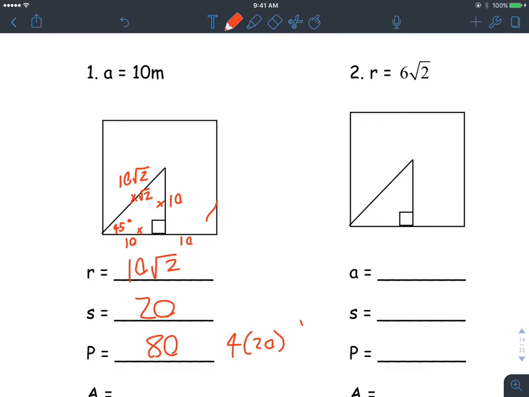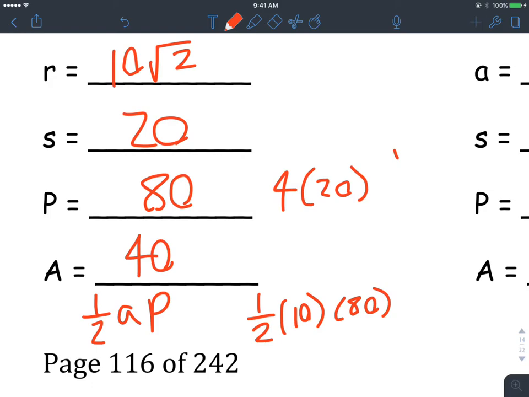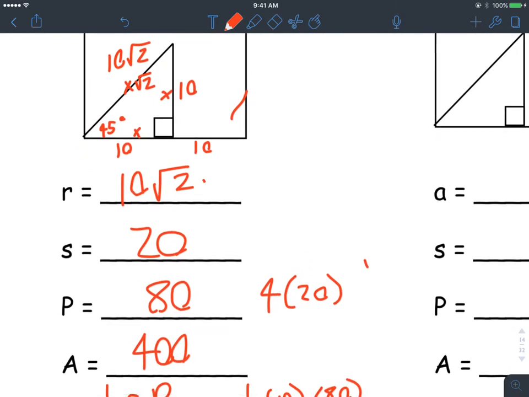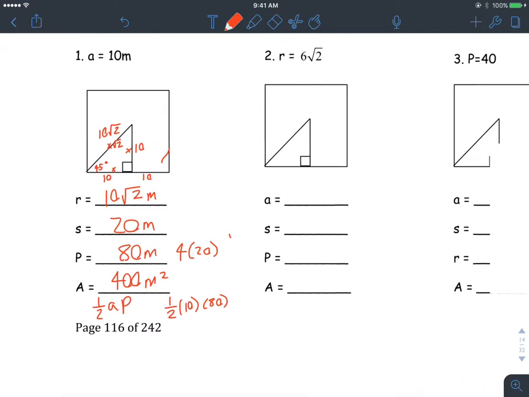So let's see, the apothem started out as 10, so we can go 1/2, 10, and then times the perimeter, which is 80, right there. So that should just be 5 times 80, which would get you 400 units right there. And I forgot to go back and put my units, so I'll go do that. So radius is in meters, sides in meters, perimeter in meters, area will be meters squared right there.